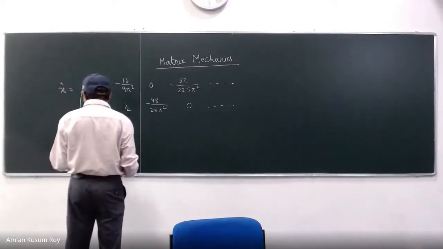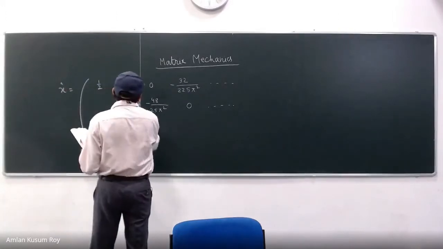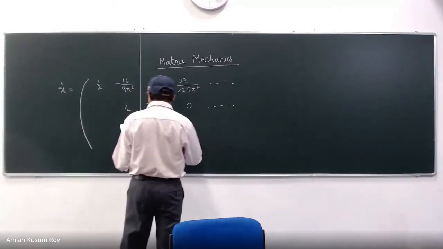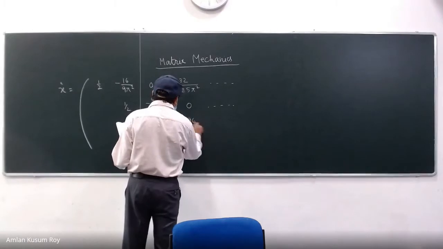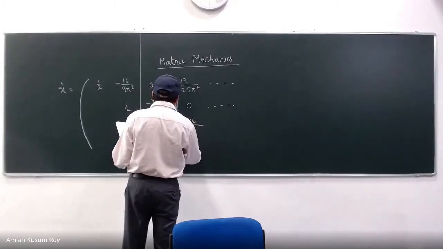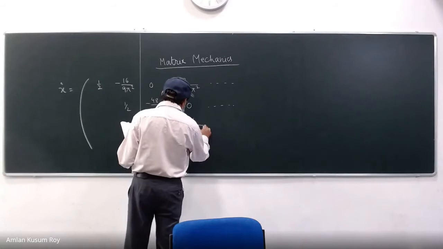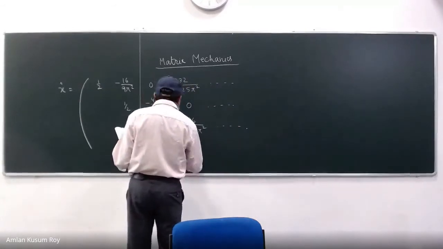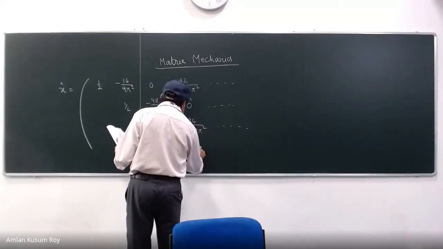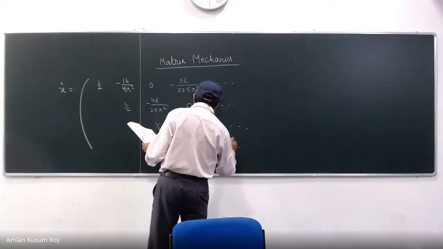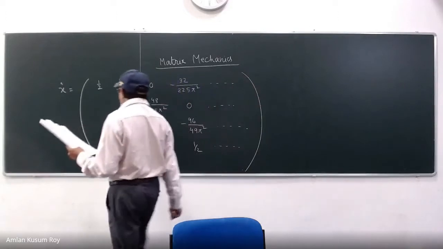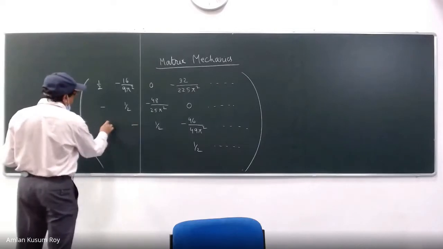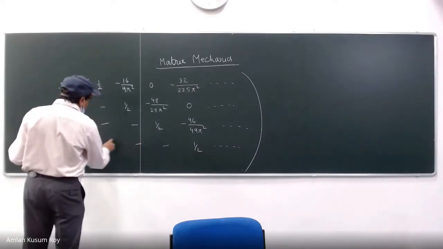And then 1, 2, 3. So this is half, minus 96 over 49 pi square, again this, and again this. I'm not writing this. So obviously I did not write here, here, here, here, here, here.